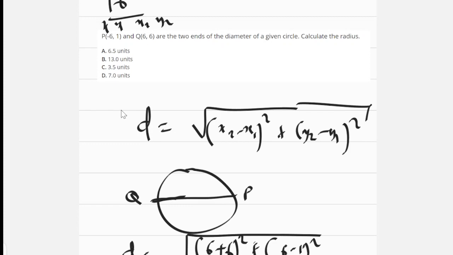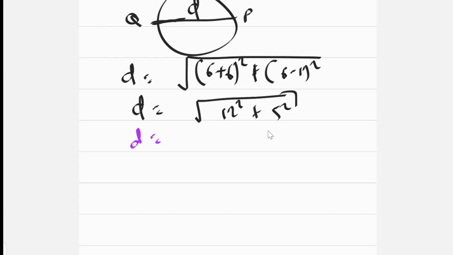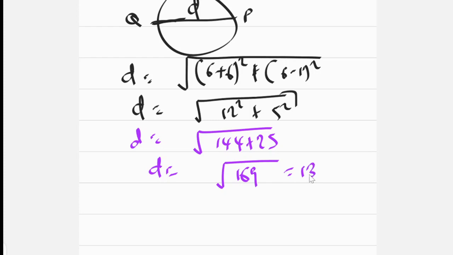Okay, and this is our d. If you proceed, then your diameter will be square root of 12 squared plus 5 squared. So my d will now be square root of 144 plus 25, and d is equal to square root of 169, which is 13 centimeter.